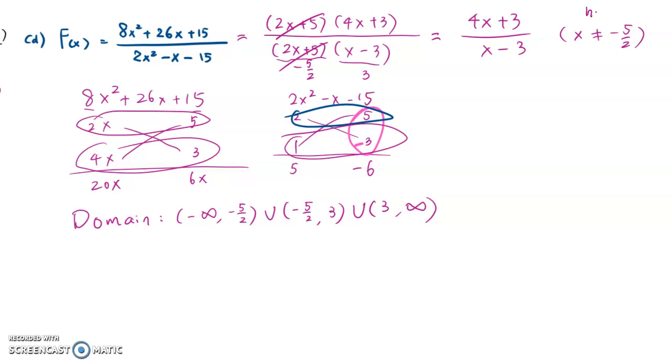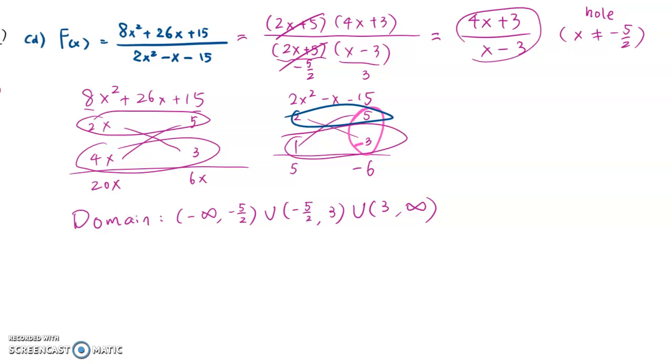That means there is a hole at that value, x equals negative 5 over 2. Okay, so all we have to do is graph 4x plus 3 over x minus 3 and then put a hole. All right, things are easier.